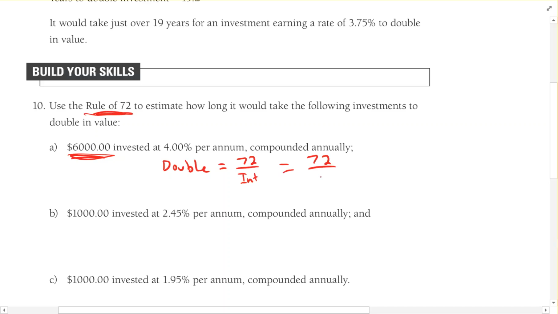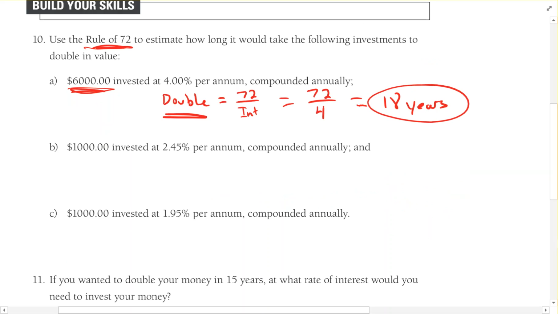So we're just going to go 72 divided by 4. That's literally it. Which is going to be equal to 18. And this amount of time it takes to double is in years. So 18 years to double. For this one, I can even help you out here. It's going to be 72 divided by something. And this one's going to be 72 divided by something. So go ahead and answer 10B and C now.